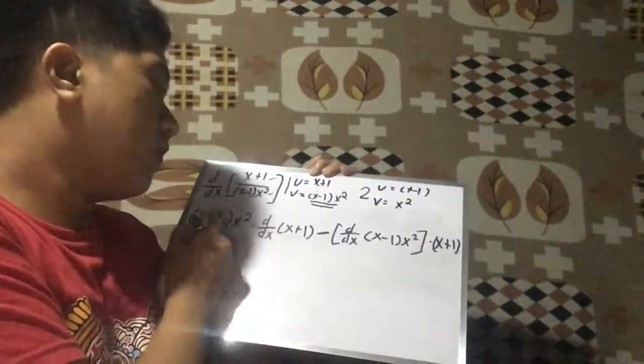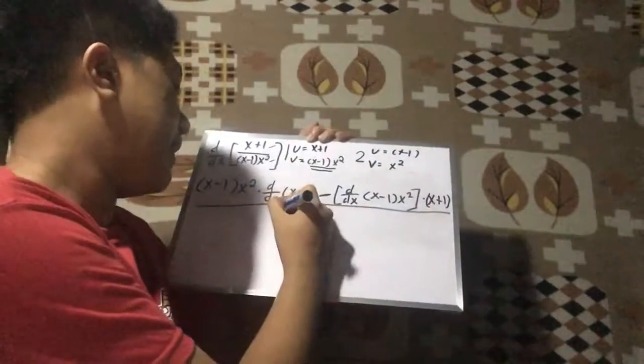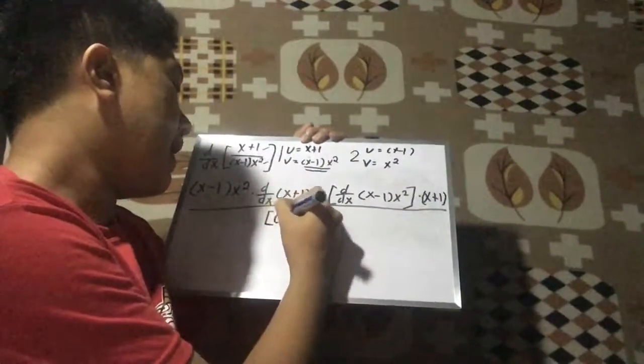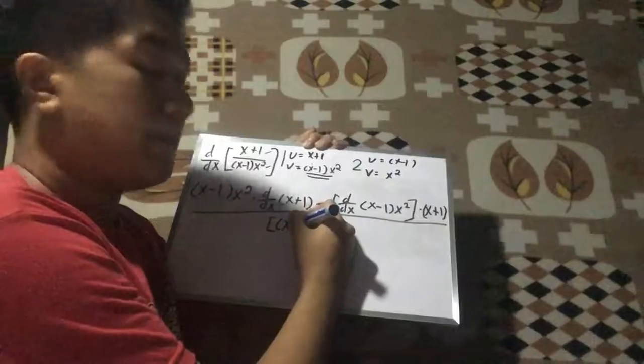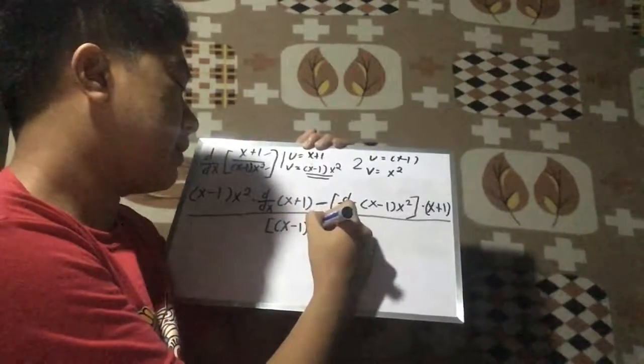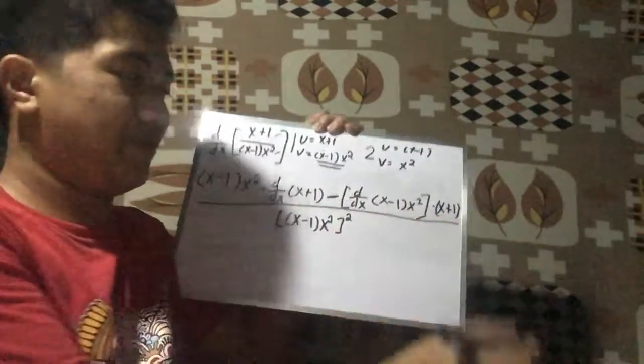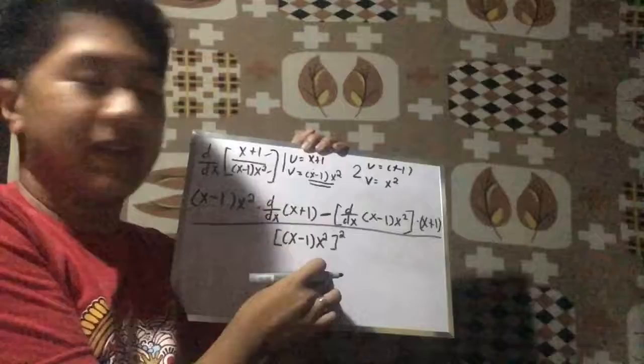Don't forget to put the denominator, which will be x minus 1 times x squared, raised to 2.